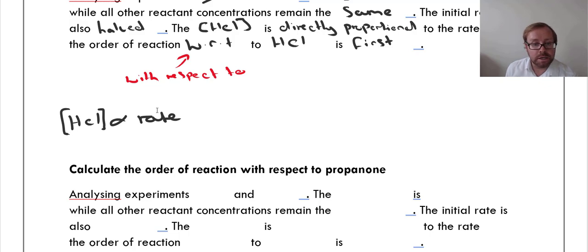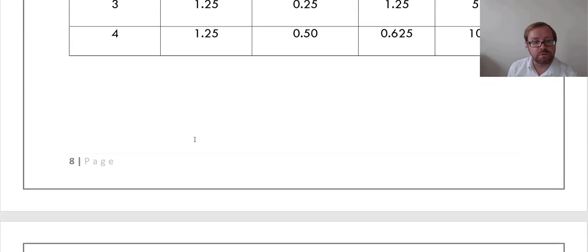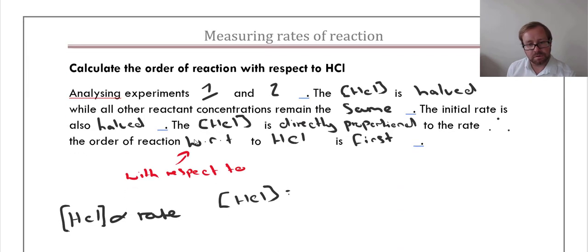We could just quickly show that by looking at the two concentrations in the experiment. So my concentrations in experiment 1 and 2, 1.25 and 0.625, which equals 2.